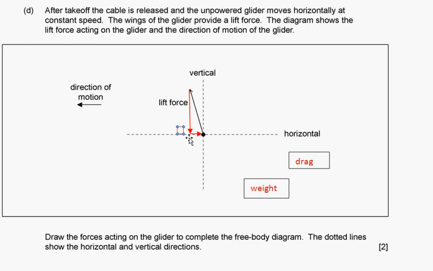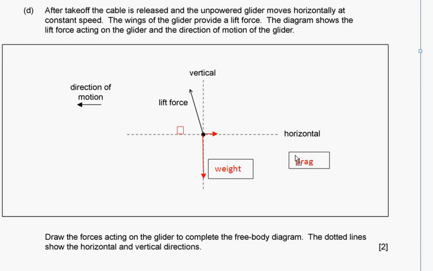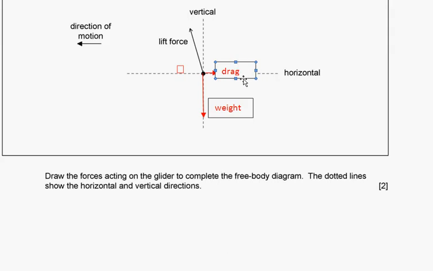It means that forces are balanced. I don't know why in the mark scheme they draw forces acting from the center of mass. So you can redraw it and put these two forces from the center of mass, and don't forget to label these forces, drag and weight. So labeled. Done.